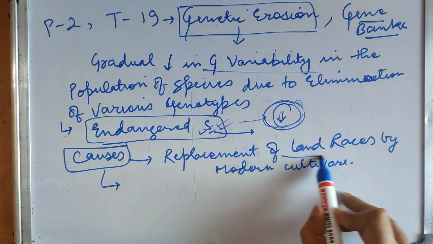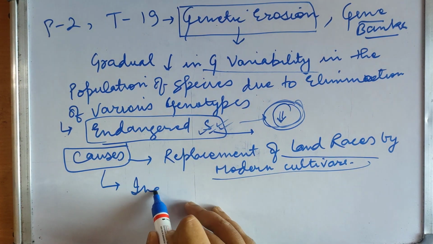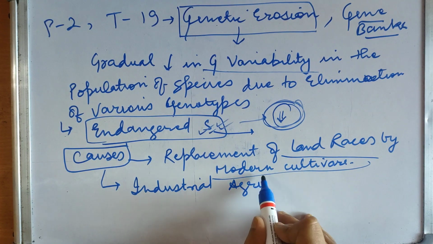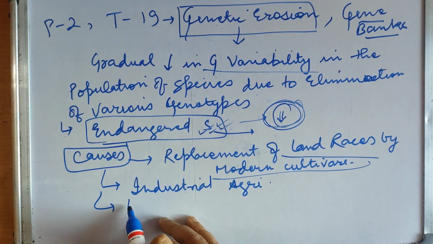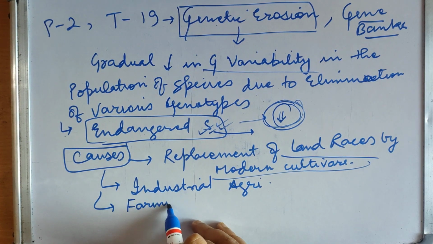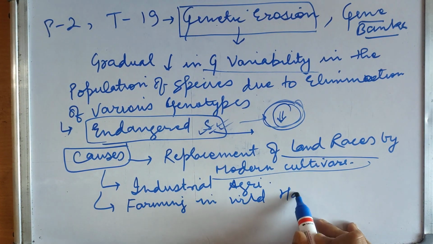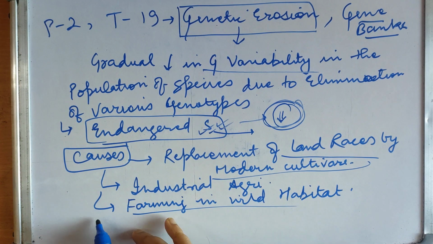Secondly, these land races are replaced by modern cultivars in modern agriculture, industrial agriculture. You know, different types of technology in agriculture, farming in wild habitat. So what happens when we farm in wild habitat?